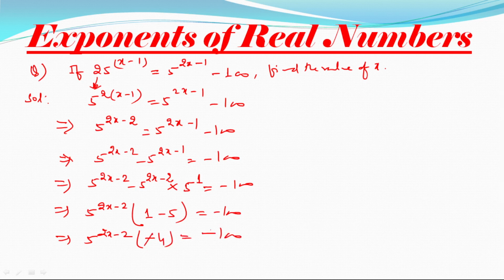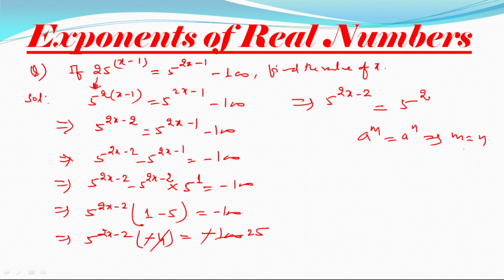So this minus minus we will cancel. This with 400 will be getting cancelled as 25, and further 5 to the power 2x minus 2 is equal to 25, which can be written as 5 to the power 2. As we are already aware, the formula, that is a to the power m is equal to a to the power n. It shows that m is equal to n.